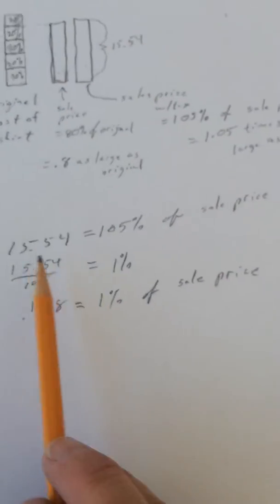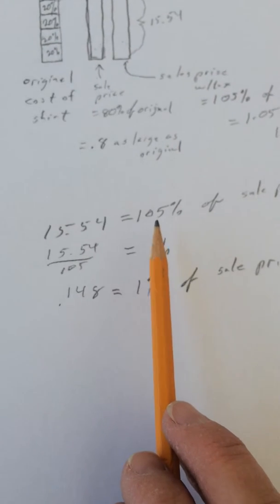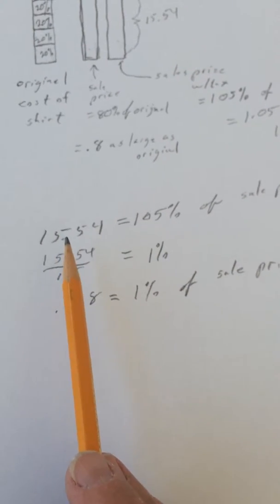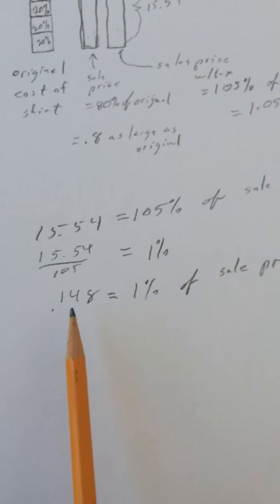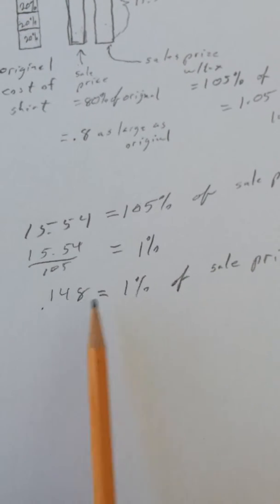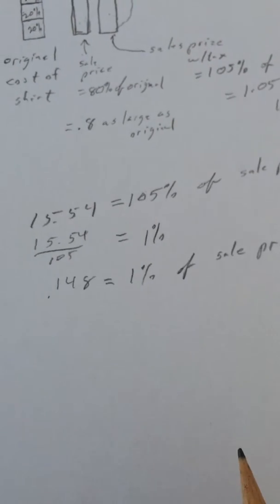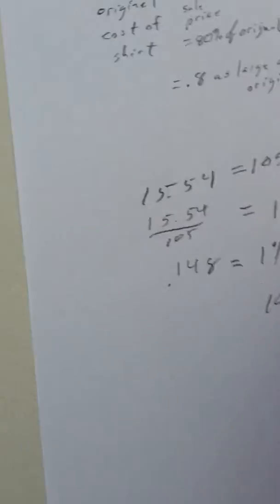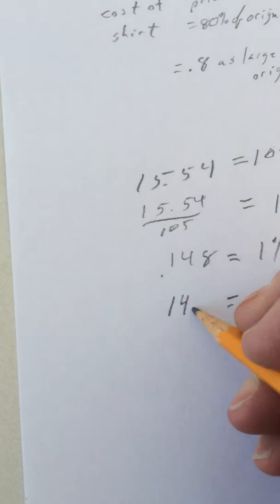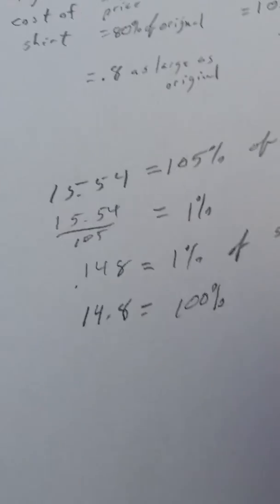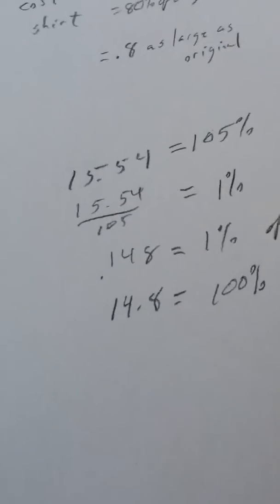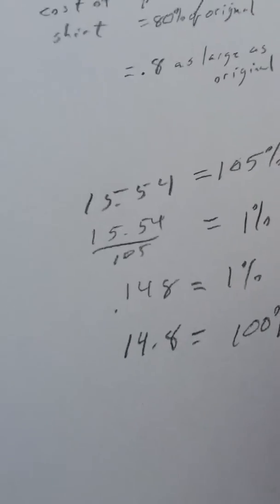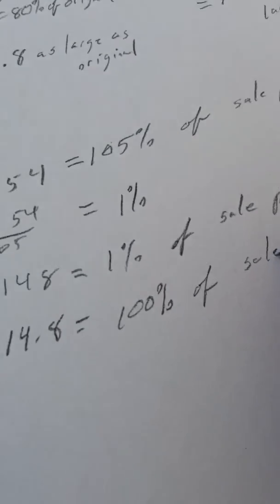Okay, because if $15.54 is 105%, then $0.148 is 1%. If we know 1%, we can easily find out 100%. Just multiply both sides by 100, and you find out that the sale price of the shirt is $14.80. So it's 100% of the sale price, right?